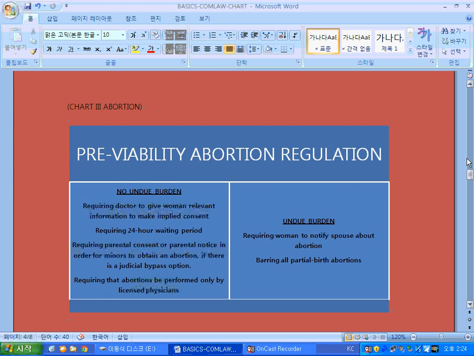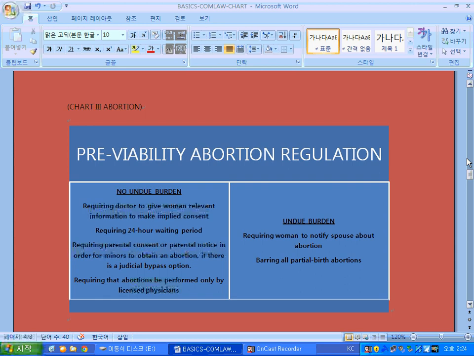And the law requires parental consent or parental notice in order for minors to obtain an abortion, if there is a judicial bypass option. The law also requires that abortion be performed only by licensed physicians. These elements have to be present to legalize the abortion.